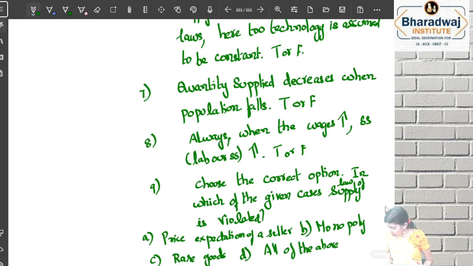And the final question on supply is the 10th question.